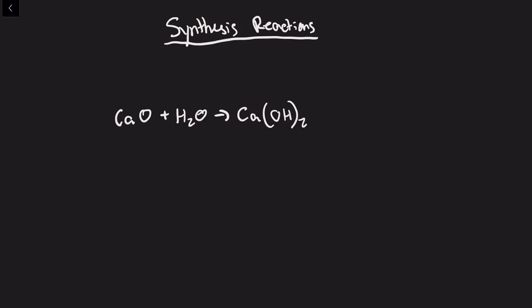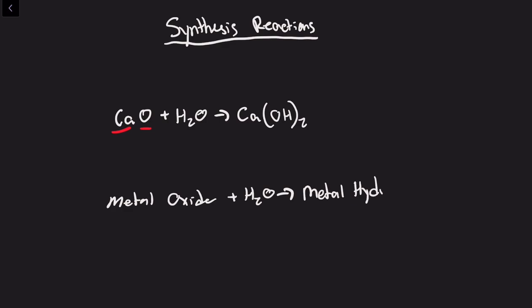So we have a metal oxide, which again is just a metal and oxygen. And when we add it to water, we get our metal hydroxide, which we already said are our bases.